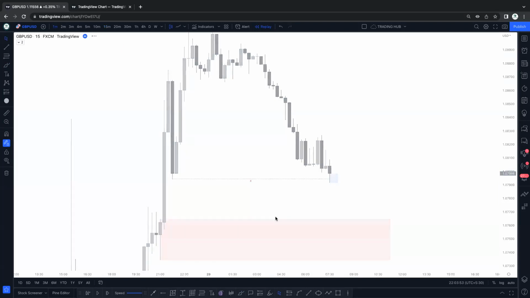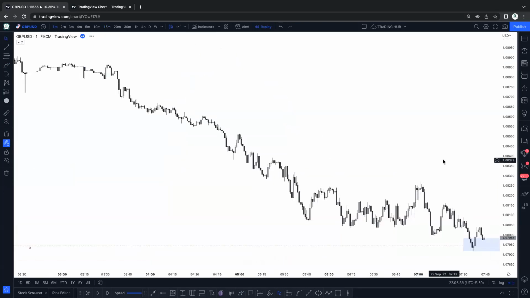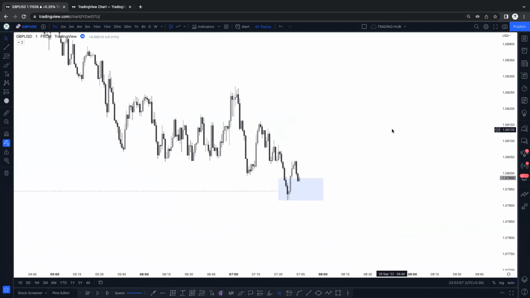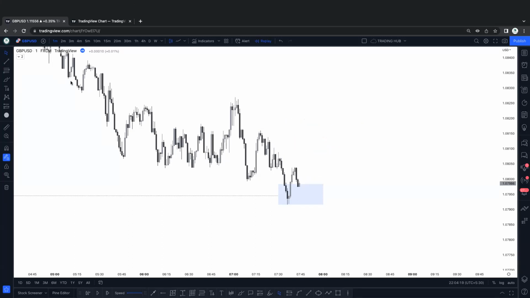So let's see the 1 minute structure, what is happening here, where our chalk is, and when we can take the entry for the buy. So right now, where is our chalk? First thing. Perfect.